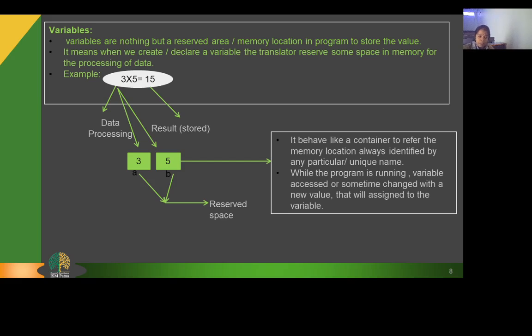Now the next topic is variable. Constant and variable are much more similar, but the difference is what? Both are responsible to hold some area where we can store some data. But the difference is, in constant, the area is always captured by the fixed value. It means the value is completely defined, and we can always use some defined value and execute those values at runtime. But if we talk about variable, it also defines the vacant space where we can put some data.